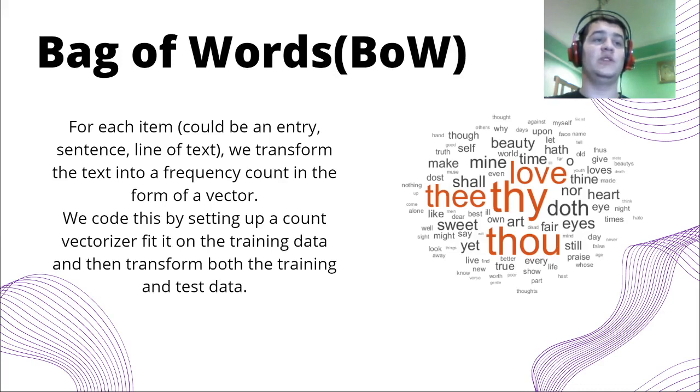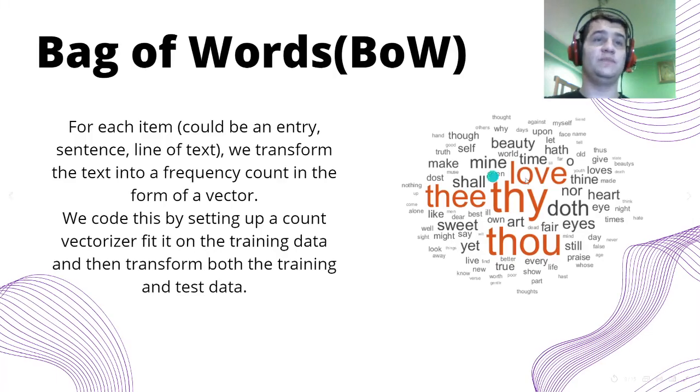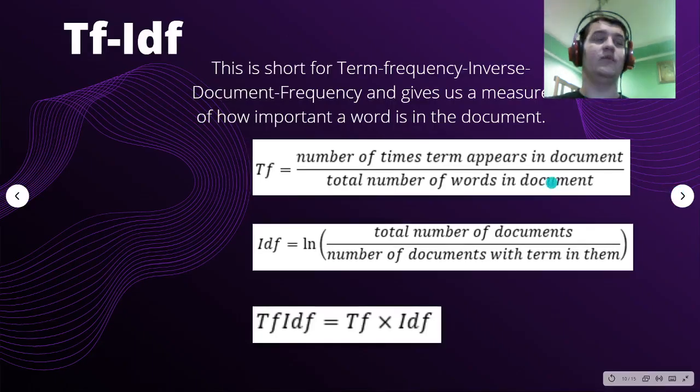We code this by setting up a count vectorizer, fitting it on the training data, and then transforming both the training and test data. Next, we have TF-IDF. This is short for term frequency inverse document frequency and gives us a measure of how important a word is in the document. Term frequency is the same as bag of words: the number of times a term appears in the document divided by the total number of words in the document.